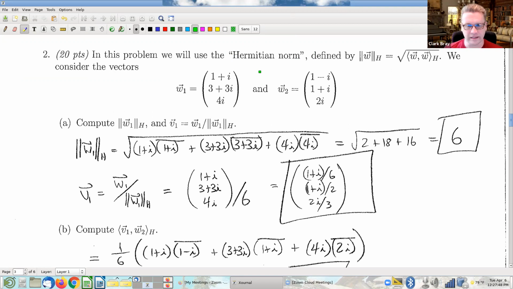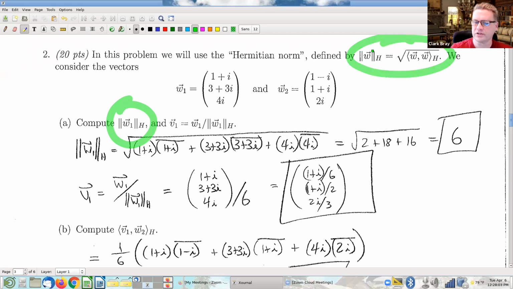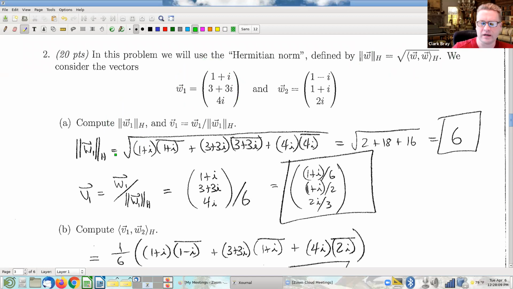So first of all, it does present pretty explicitly as a Hermitian arithmetic problem. It asks us to compute the Hermitian norm of this vector W1. Here's our definition of Hermitian norm for the purpose of this question, and here's the W1 vector. So it's a straight up calculation. Here are its components.